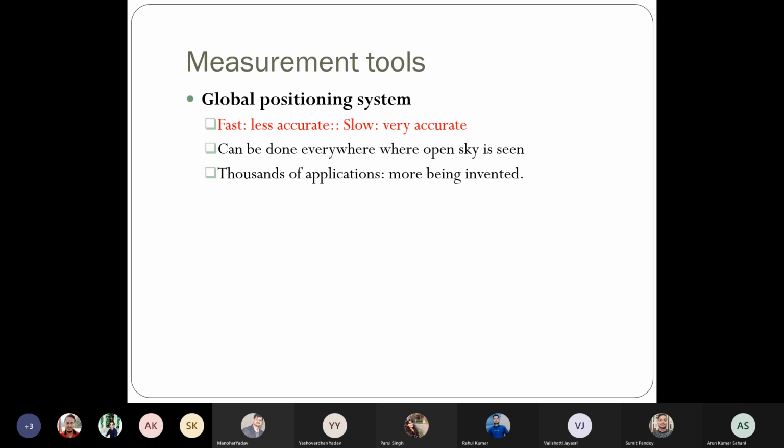The requirement is that the receiver should have access to the satellite signal, which means there should be a clear sky. There are thousands of applications, and all navigation-related applications depend on GPS or GNSS technology.